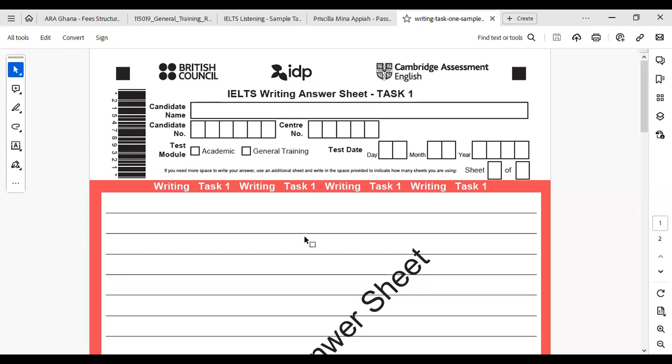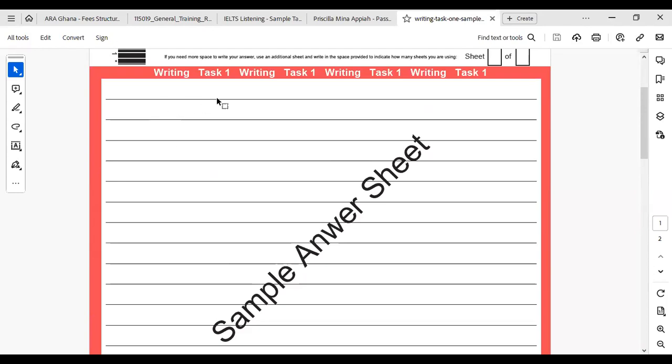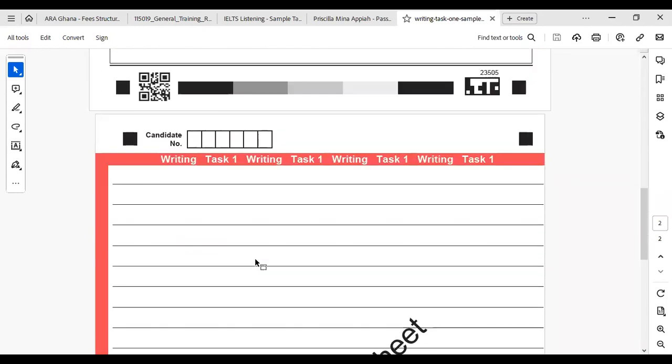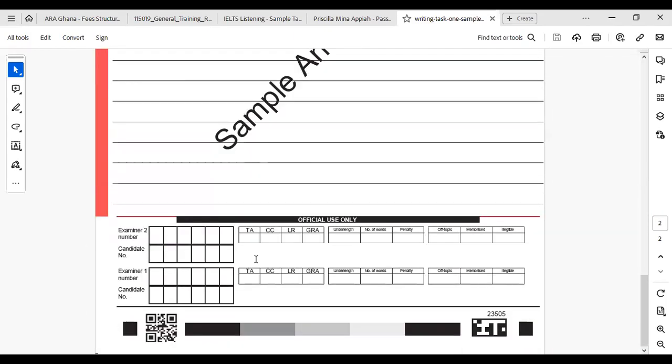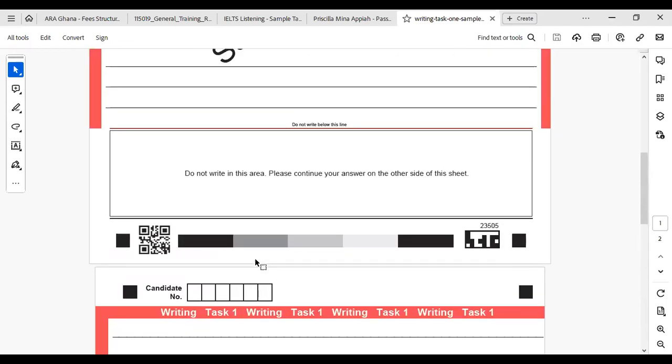This is the answer sheet. This is how it looks. So you see IELTS answer sheet task 1. You put your name there, some numbers there, and you take it out. This is where you write your answer or answers for task 1.